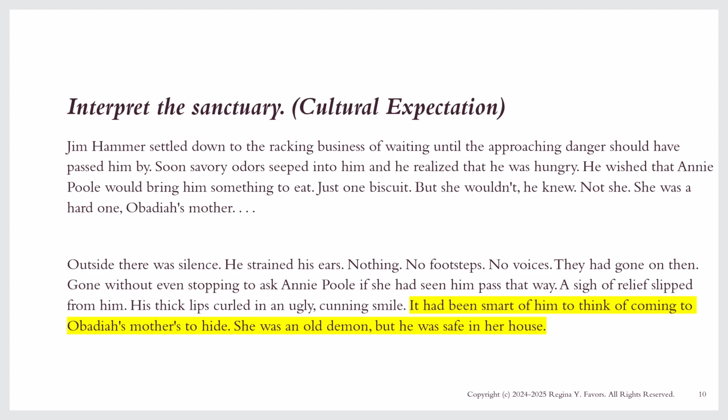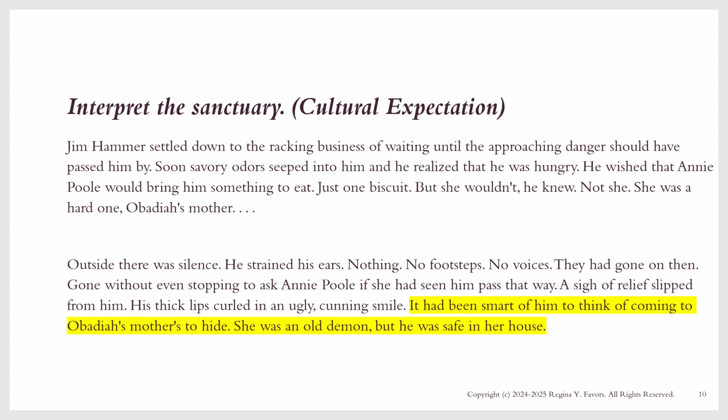Nothing, no footsteps, no voices. They had gone on then, gone without even stopping to ask Annie Poole if she had seen him pass that way. A sigh of relief slipped from him. His thick lips curled in an ugly, cunning smile. It had been smart of him to think of coming to Obadiah's mother's to hide. She was an old demon, but he was safe in her house.